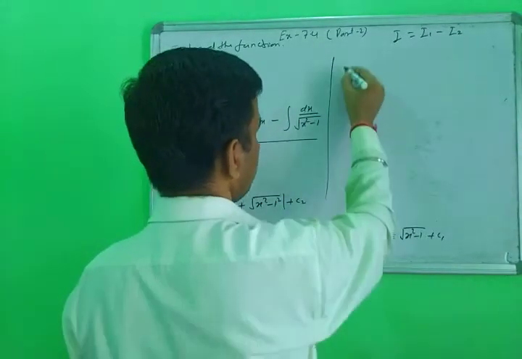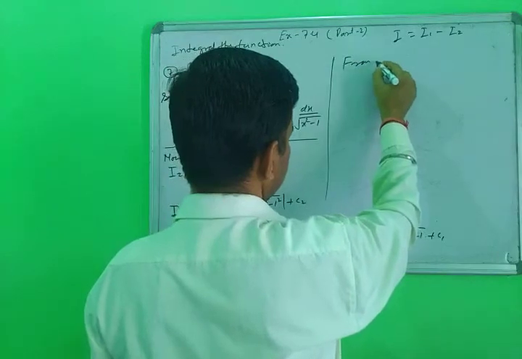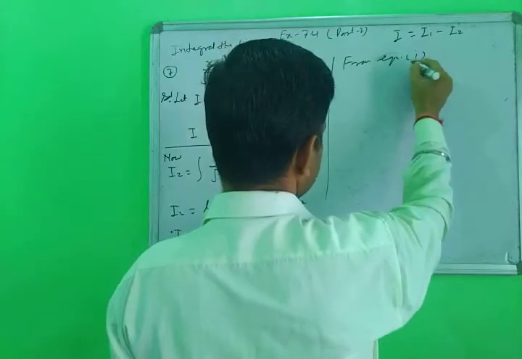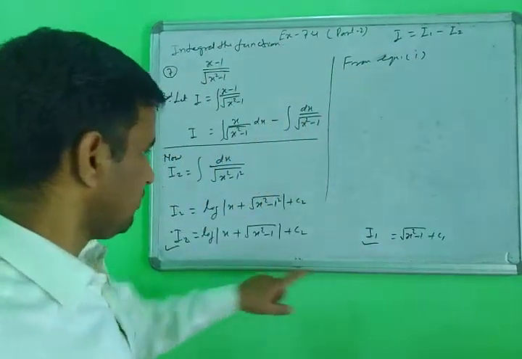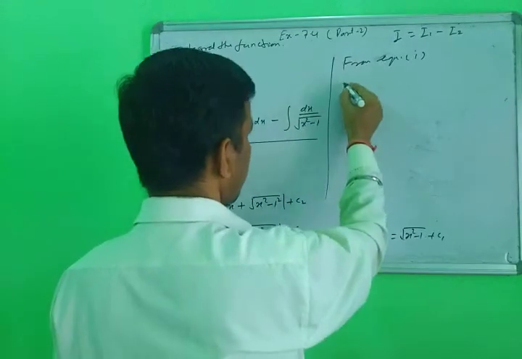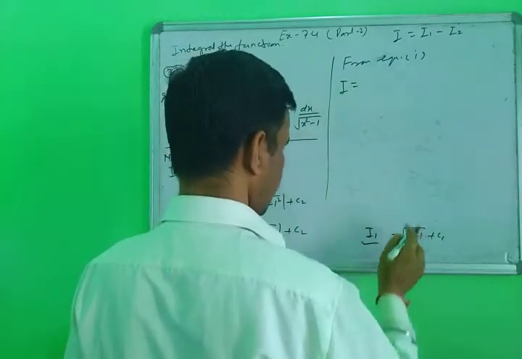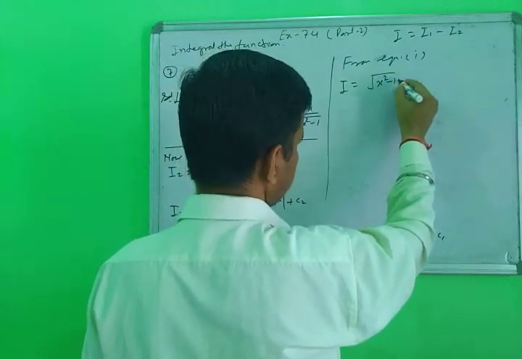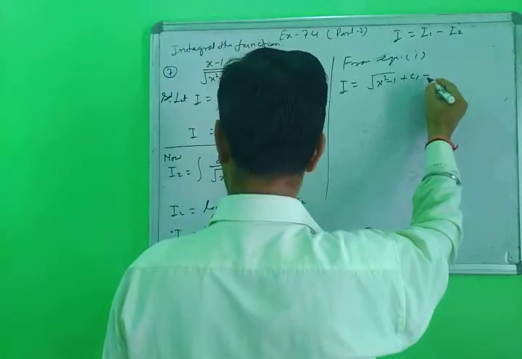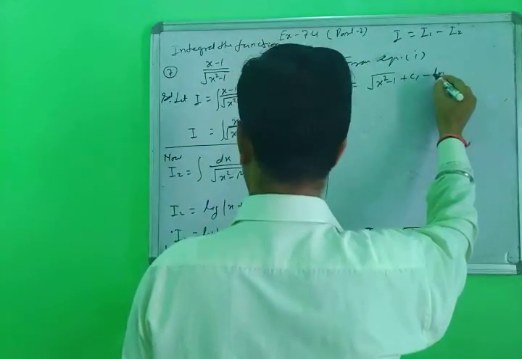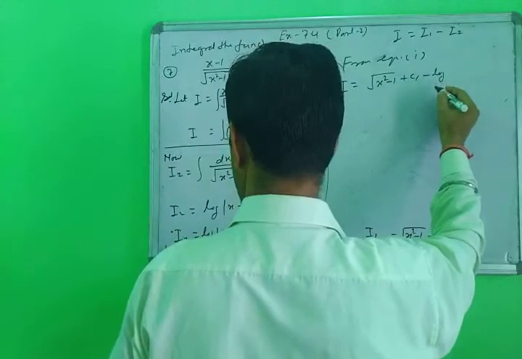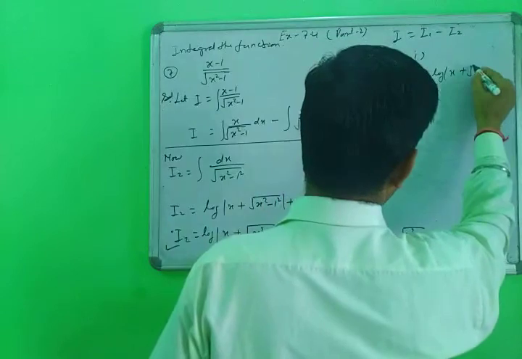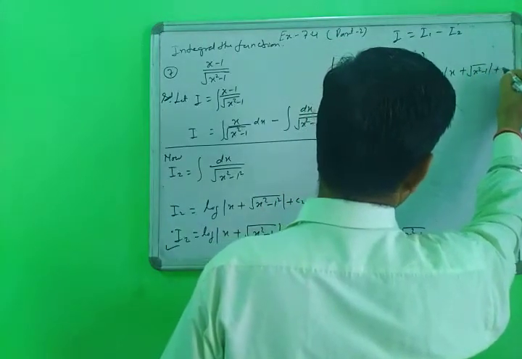Now from equation first, putting both the values here, what result comes? I equals the value of I1, which is x times square root x square minus 1 plus c1, minus log x plus square root x square minus 1 plus c2.